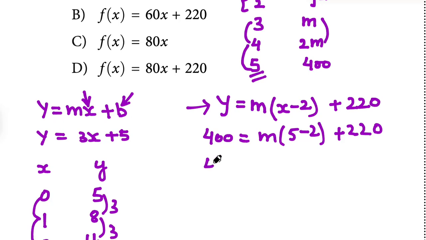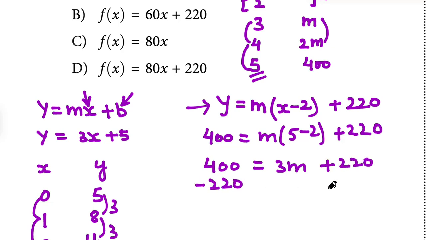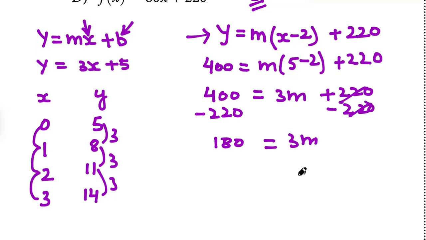Okay, so 400 is equal to 3m plus 220. Subtracting 220 on both sides, because we have to isolate the variable to find its value. So 3m is equal to 180. So m is equal to, dividing by 3 on both sides, 180 by 3. This side 3 will be cancelled. So m is equal to 60.